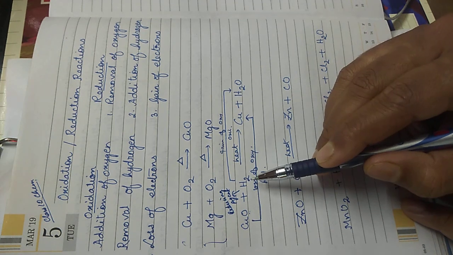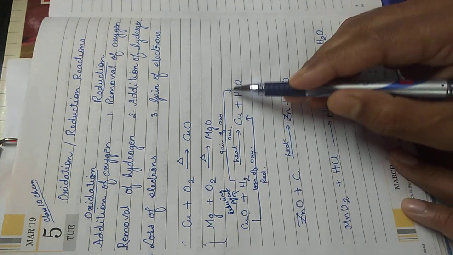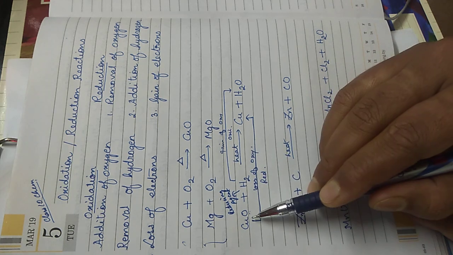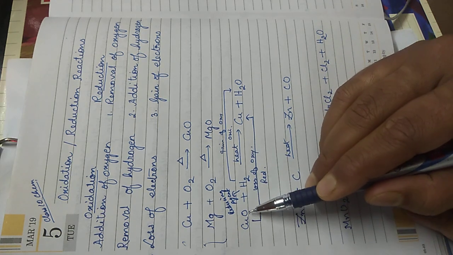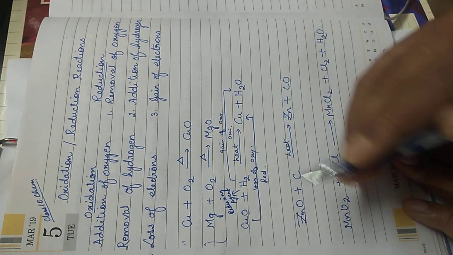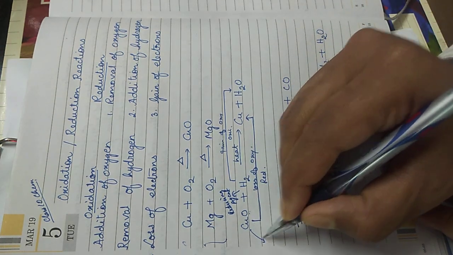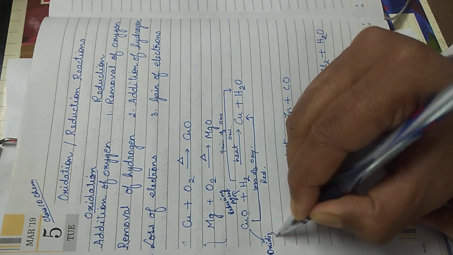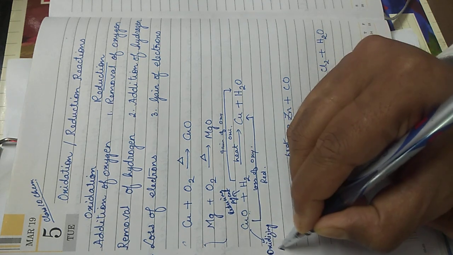Similarly, hydrogen is gaining oxygen. Now, who is helping hydrogen to gain oxygen? It is copper oxide. Copper oxide is giving away oxygen to hydrogen and it is getting converted to water. So this copper oxide is acting as the oxidizing agent.